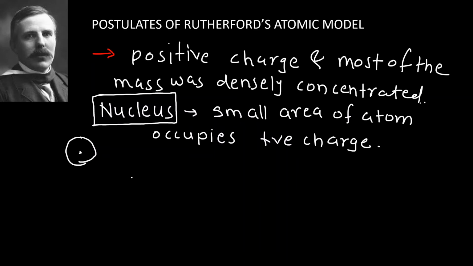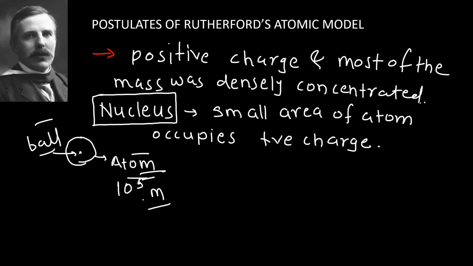He compared it this way: if we consider a tennis ball or any rubber ball, and a playground with a 5 kilometer radius, the atom will be that playground with a 5 kilometer radius, and that small ball will be the nucleus. The difference between these two radii is about 10 raised to 5 meters.